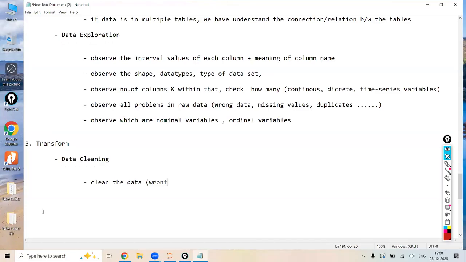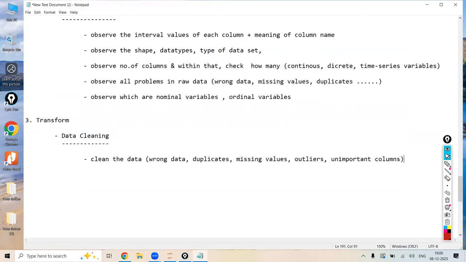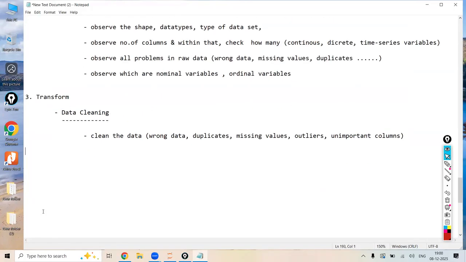Already we discussed in the last class: wrong data, duplicates, missing values, outliers, unimportant columns. These all come under data cleaning.